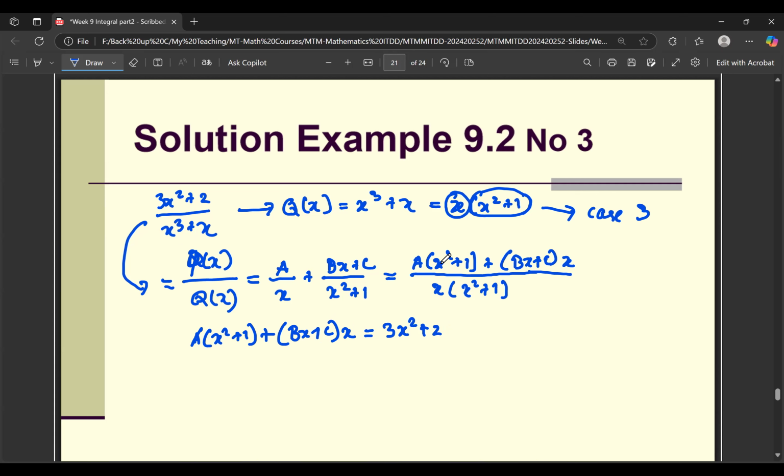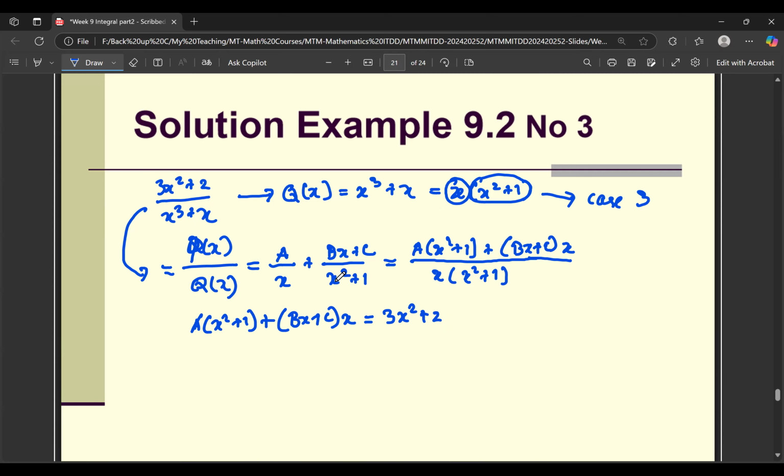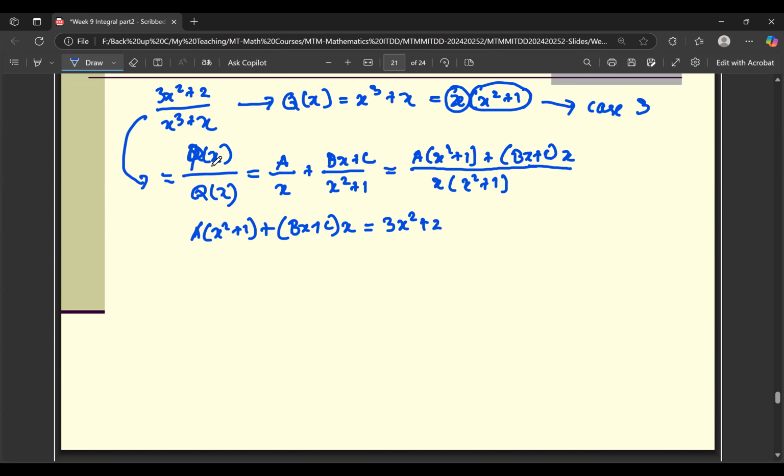And as we know before, we can choose some x to find A, B, and C. At least we choose three values of x to substitute in this equation. I suggest you choose x equal to 0, because it makes the second component 0, and this is A times (0 plus 1), still A. So A is equal to 2.